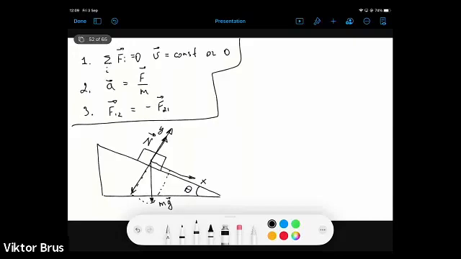That will be the angle theta, the same as the angle between the inclined plane and the horizon. So with this angle theta, we can write that this component of our weight along axis y will be mg times cosine theta.